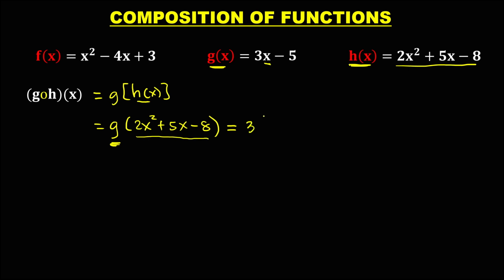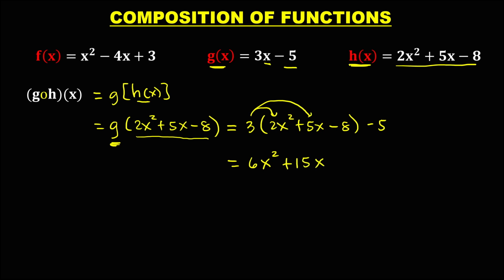So this becomes 3 times (2x squared plus 5x minus 8). Then bring down this negative 5. Then to simplify, multiply 3 times 2. This one is 6, then x squared. 3 times positive 5, this one is positive 15, then x. And 3 times negative 8, this is negative 24. Then bring down this negative 5.